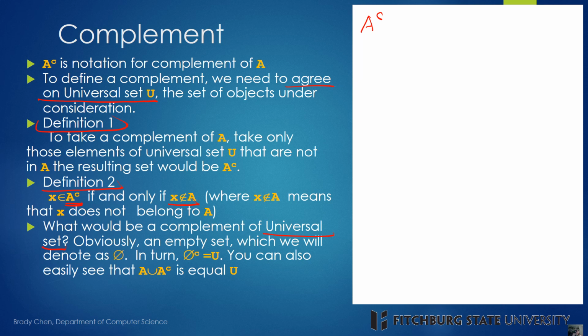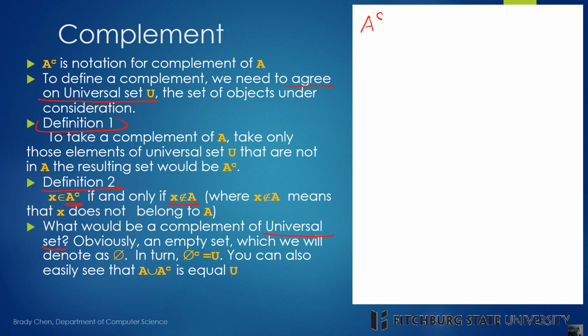So an element in the complement of the universal set would have to belong to something other than the universal set, which means it does not exist, right?